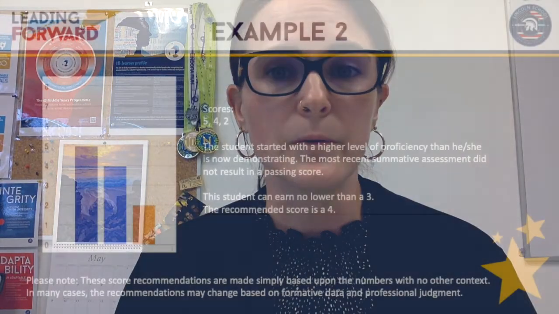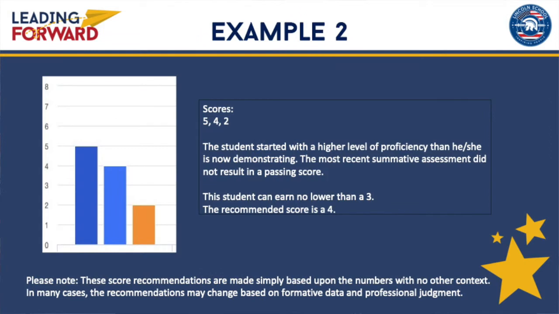Example number 2. This student scored a 5, 4, 2. So this means that the student started off at a high level of proficiency, and now with the most recent summatives is resulting in not even a passing score. So I have to think about the summatives, the student, and maybe even formative data.